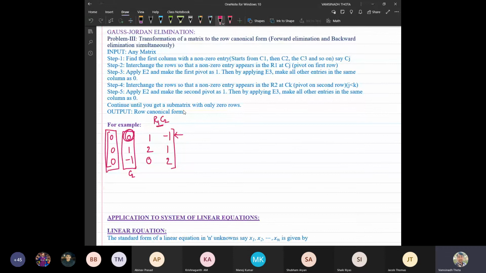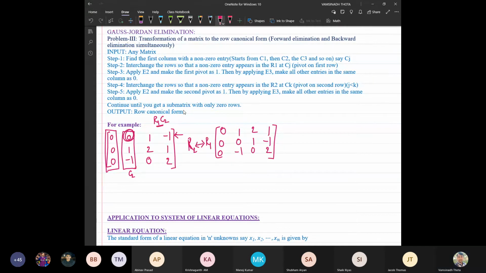To keep it uniform, since we received R2 first, R2 interchanges with R1. So we get 0, 1, 2, 1; 0, 0, 1, minus 1; 0, minus 1, 0, 2. Interchange the rows so that the non-zero entry appears in R1 at column Cj.